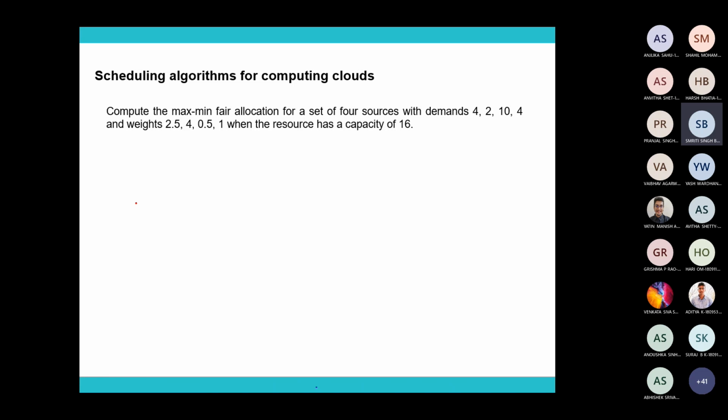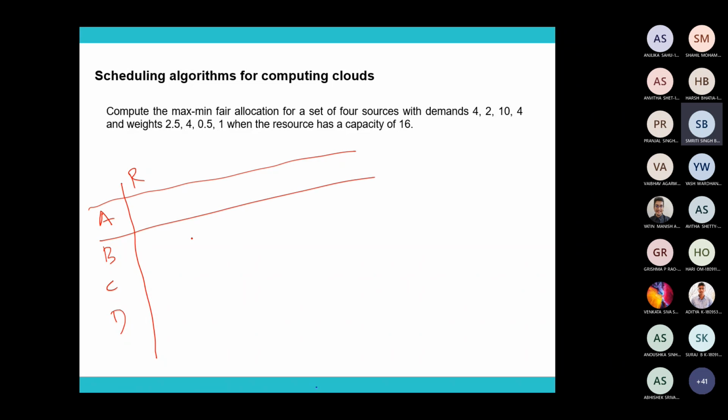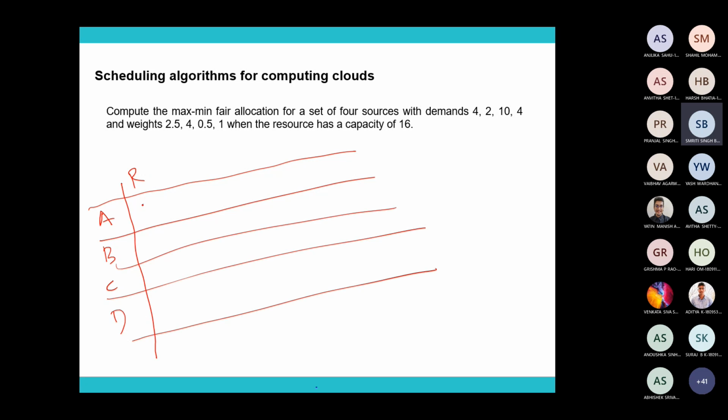See, initially, according to this weightage, this is A, B, C, and D, and this is what they have requested: 4, 2, 10, 4. Now if you allocate according to their weight, as somebody said, they'll be getting 5, 8, 1, and 2.